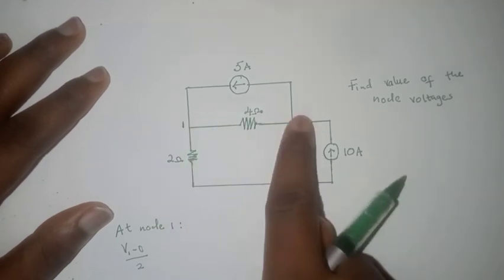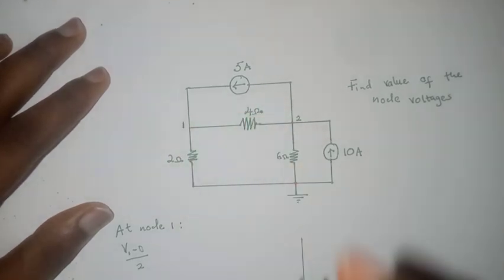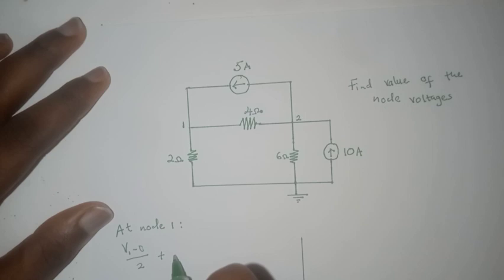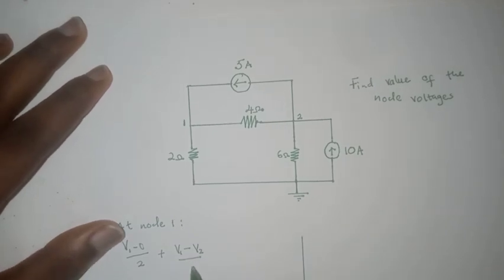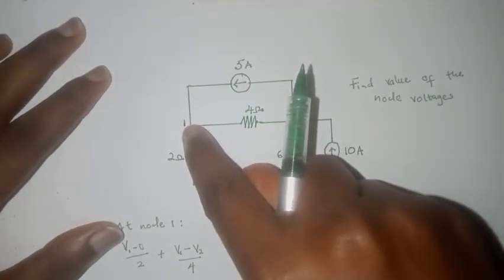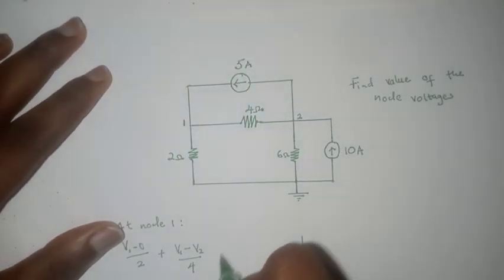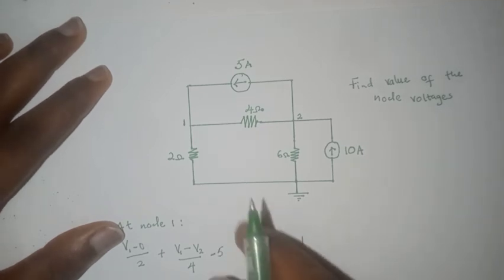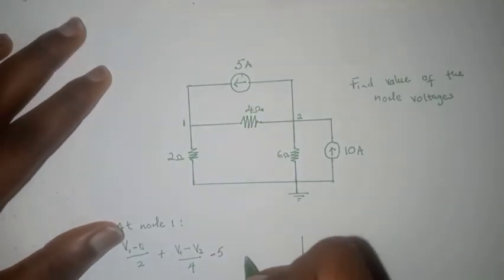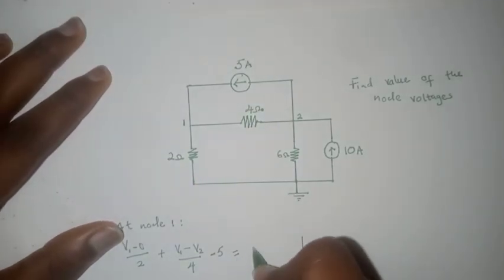Then we have plus V1 minus V2, that's the current flowing in this branch, divided by 4. Then we have the current coming into the branch. Because it's coming into the branch, it will be negative, so minus 5. So those are the 3 branches. Then we equate everything to 0.